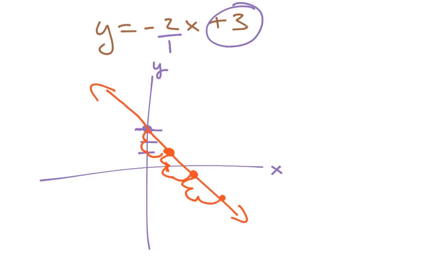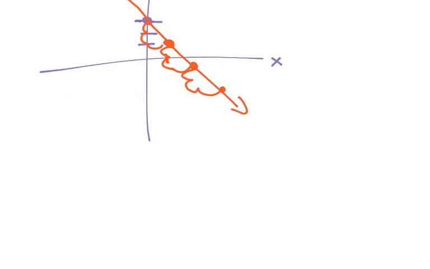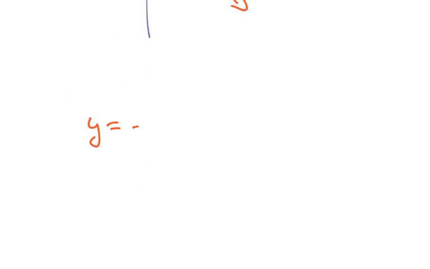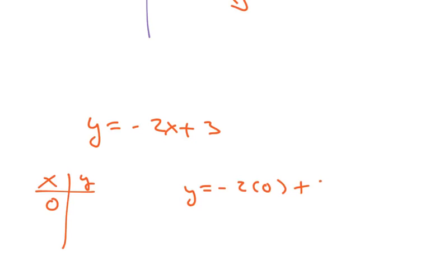So what this is really telling me, the other thing that you want to realize with this is if I give you y equals negative 2x plus 3, if I plug in x as 0, y becomes 3. Okay?